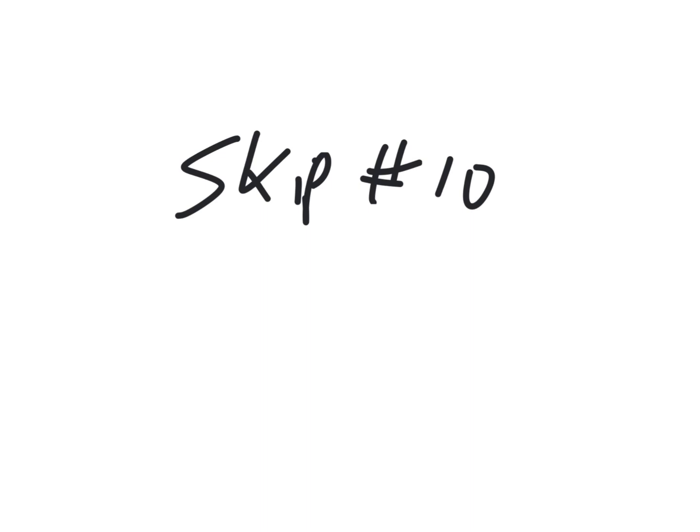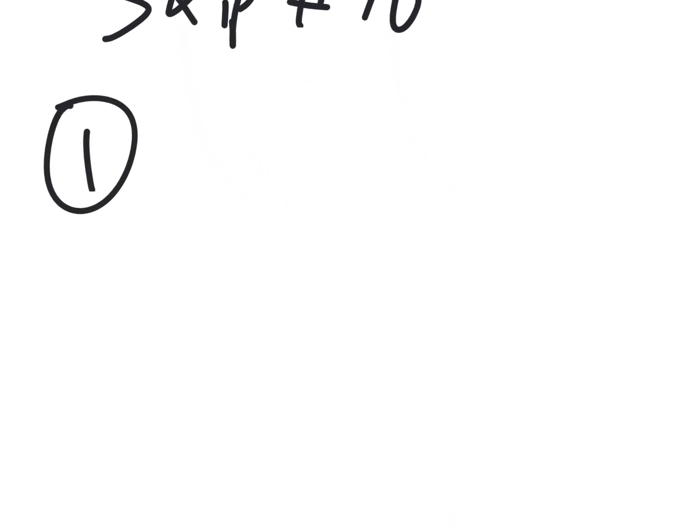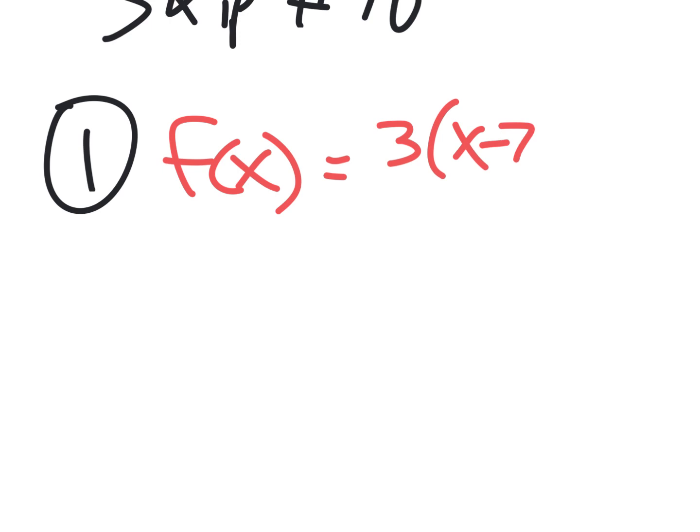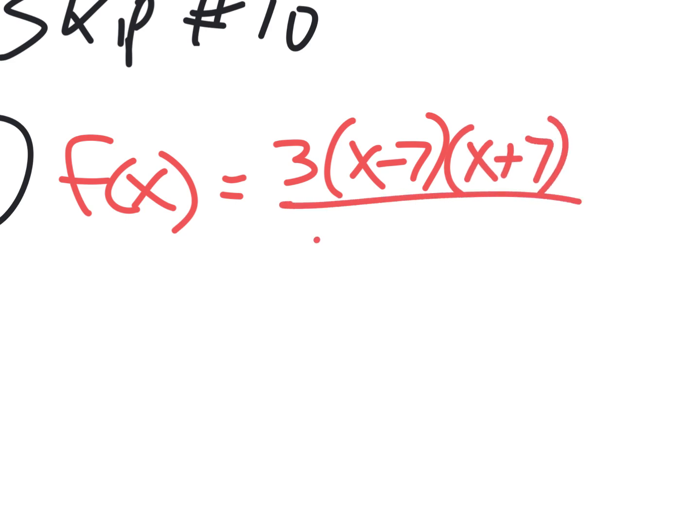Did you find it yet? Could you read me number 1? F of x equals 3 parentheses x minus 7, then x plus 7 other parentheses. Plus 7? Yeah. Okay, and then? Over 2x, then parentheses x minus 7. All right.